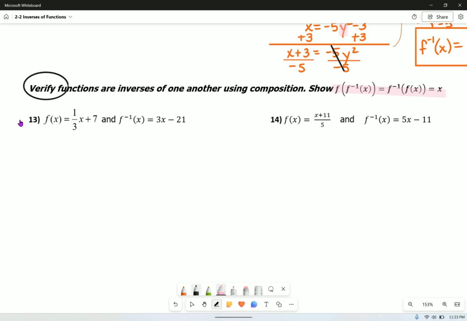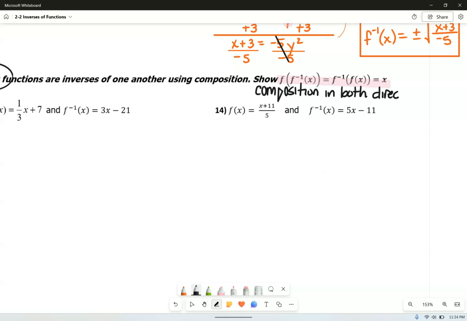You are going to take the composition in both directions. So I need to say composition in both directions. Okay, so you're going to take one function, dump it into the other, and then vice versa.